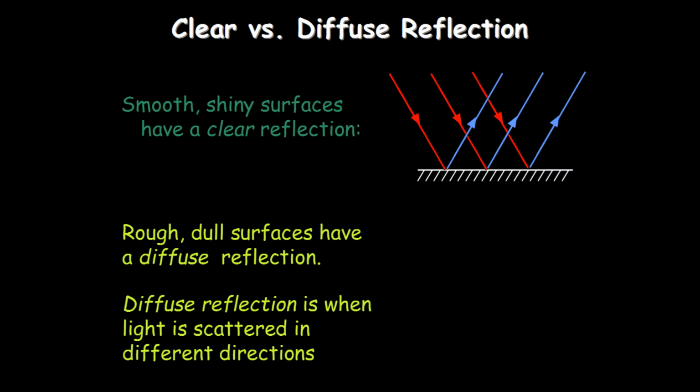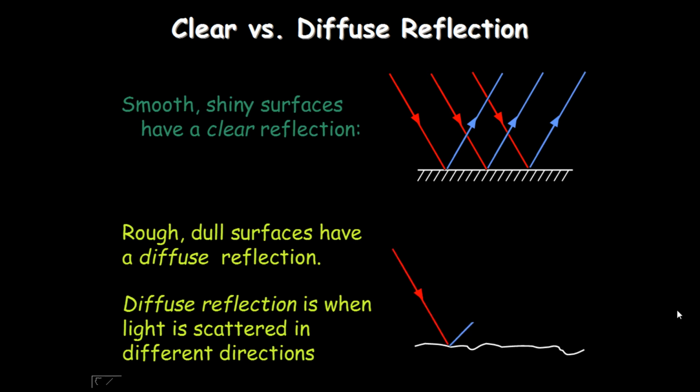Rough dull surfaces have diffuse reflection, and diffuse reflection is when the light is scattered in different directions. In the first figure this was a smooth mirror, a smooth surface, but practically we most probably have the kind of surface like the second one. If we have this kind of surface, what will happen here?